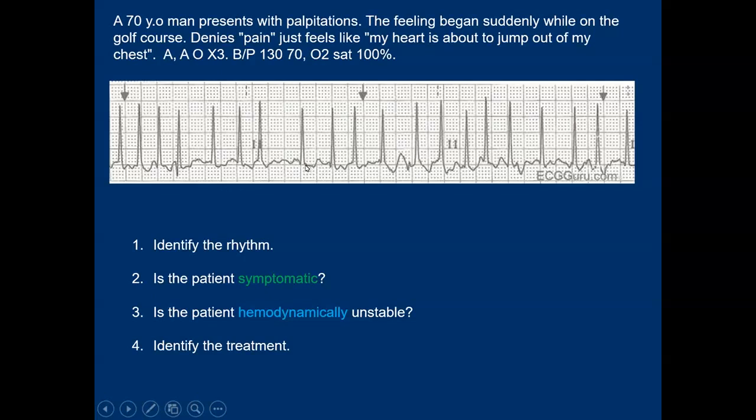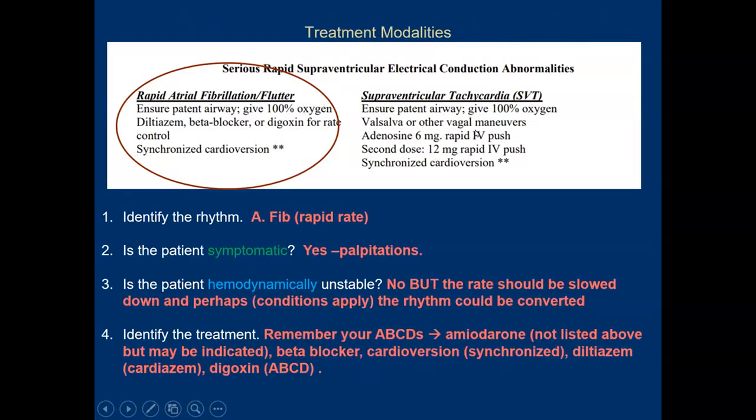And therefore, that's how we can determine that this is atrial fib. But wait, we can also add that there is rapid ventricular response. What I mean by that is in between all of these squigglies, there are a lot of QRS complexes, which means that there is a very rapid ventricular rate. And so we see that the patient is symptomatic. They have palpitations, but the patient is hemodynamically stable.